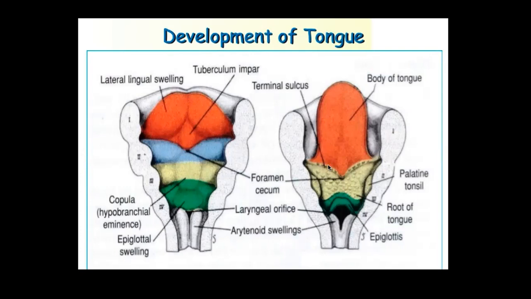And between these two, we have the sulcus terminalis. You can see that anterior 2/3 and posterior, since they are from different arches, we can see the sulcus terminalis. So at this junction, we will see a small depression that is called foramen cecum. From this foramen cecum, the thyroid develops. Okay. Posterior most part of the tongue as well as the epiglottis is derived from the fourth pharyngeal arch.